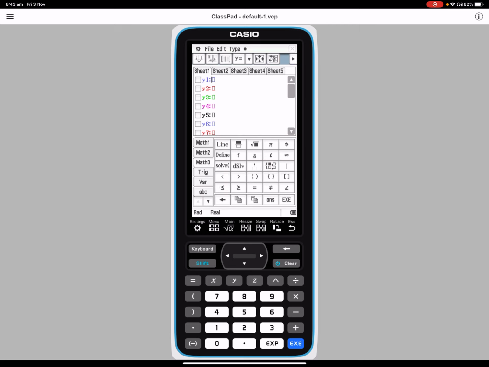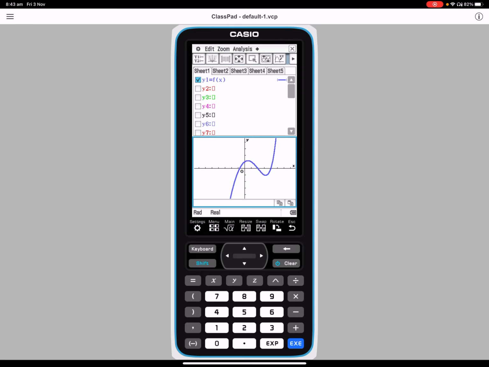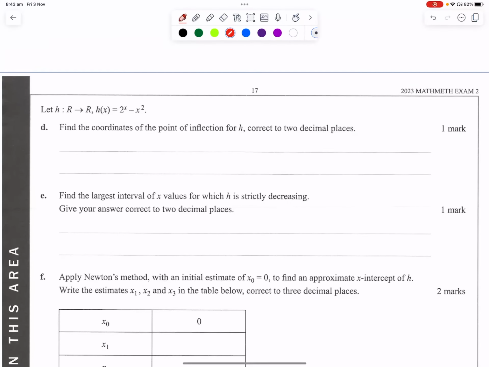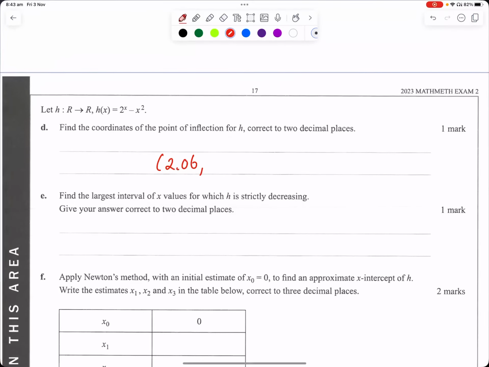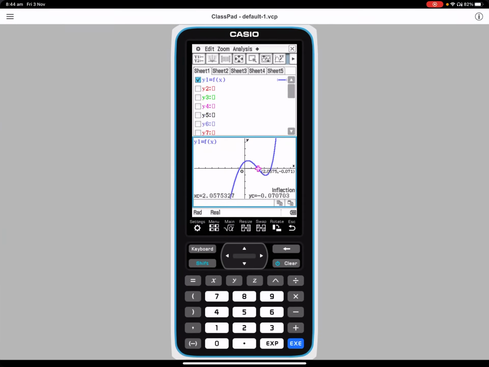So f of x, inflection, 2.058, 2.058, and negative 0.07. I think it was. So what was that negative? Yep.